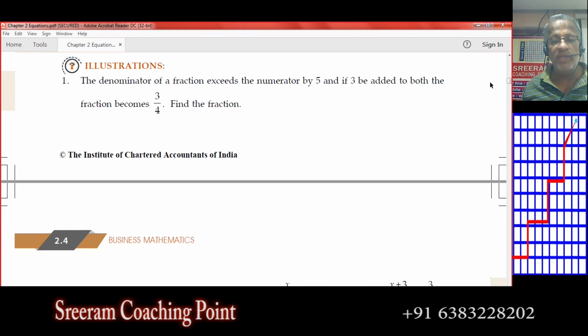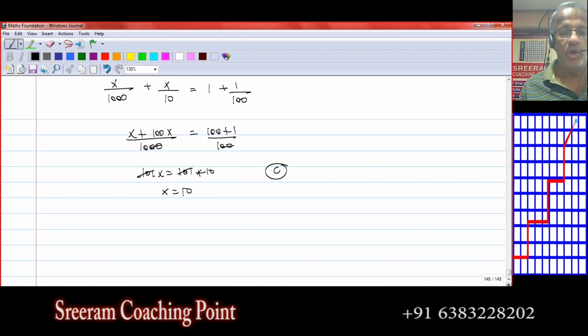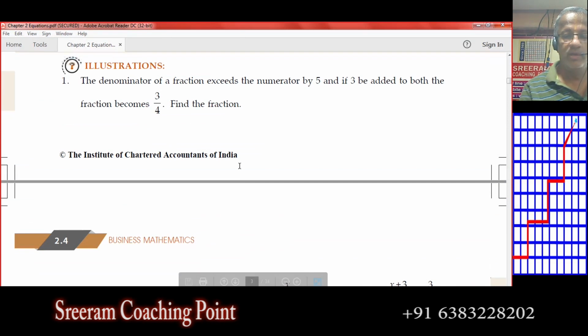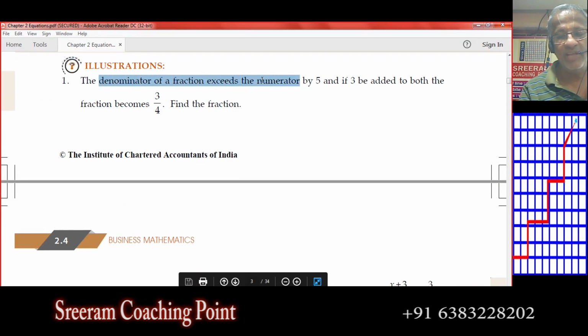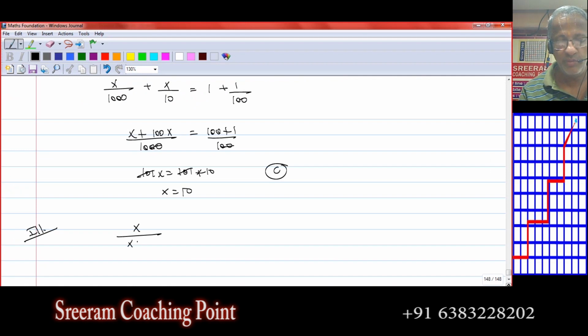See, denominator of a fraction exceeds the numerator by 5. So how has this got to be understood? Let the numerator be x. The denominator of the fraction exceeds the numerator by 5, so the denominator should be x plus 5.